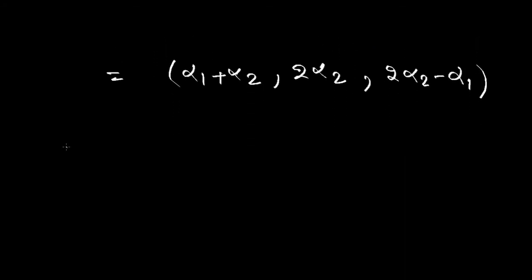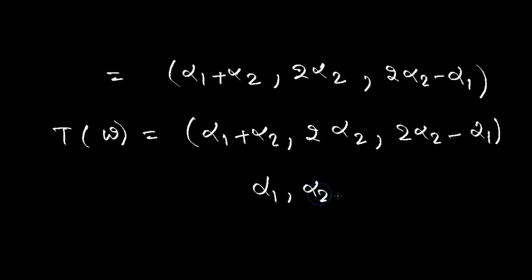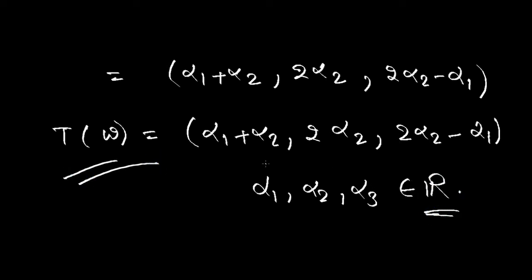And this is it. So if we have any general vector, suppose w, then this will be our linear transformation, where these alpha 1, alpha 2 and alpha 3 will be from our field, the real numbers. So this is the transformation and this is the answer basically.